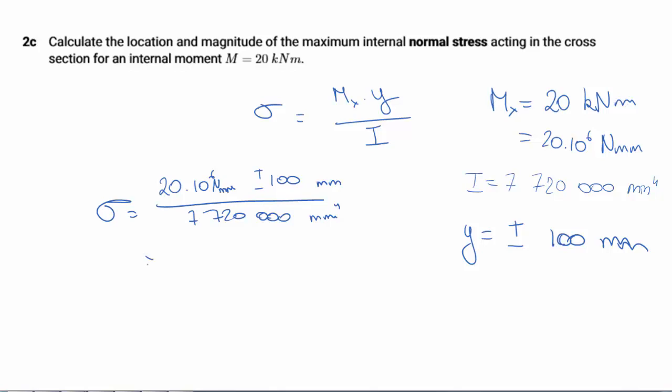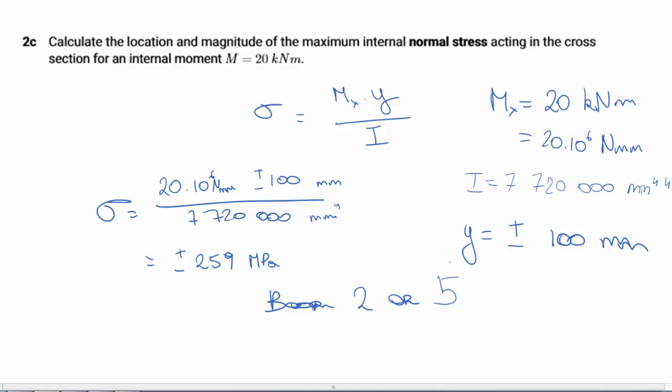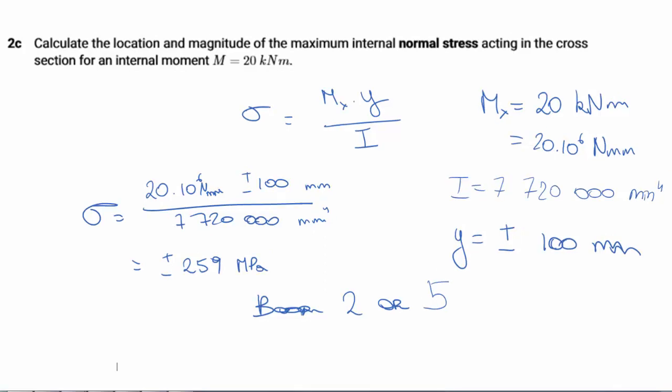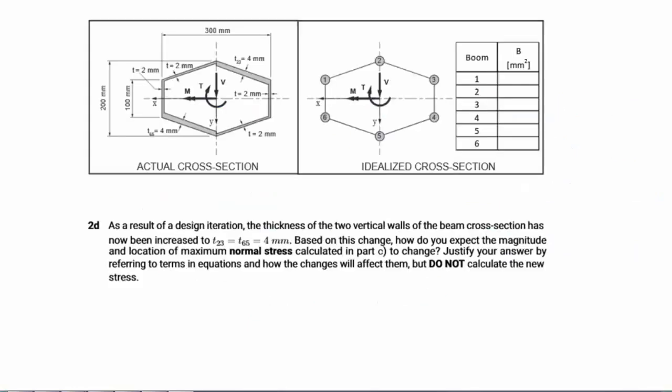Working this out, this will come to plus or minus 259 megapascals in boom 2 or 5. So in this case, two locations can be given since boom 2 will have a negative compressive stress and boom 5 will have a positive tensile stress of the same magnitude.